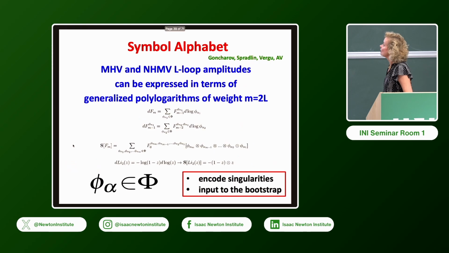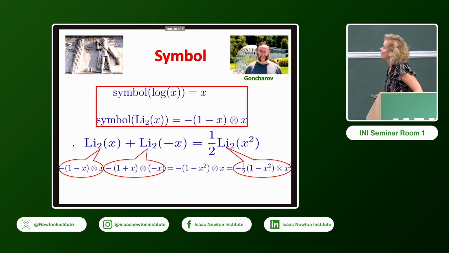And more generally, any MHV and NMHV amplitudes can be expressed in terms of these generalized polylogs, which can be defined recursively. If you have a weight m polylog, you can always write its derivative as a function of degree m-1 times d log of something.